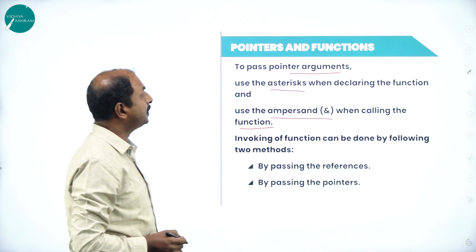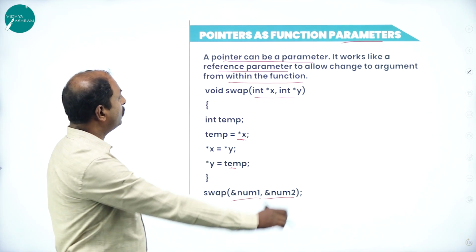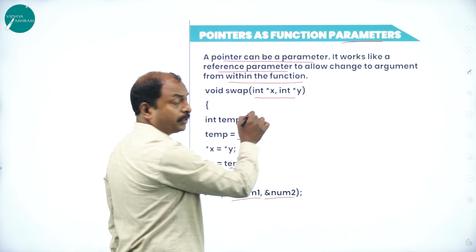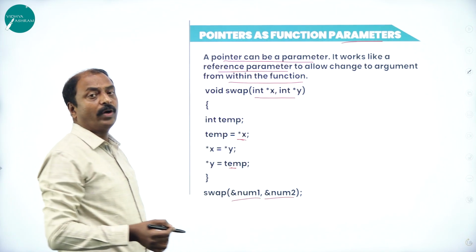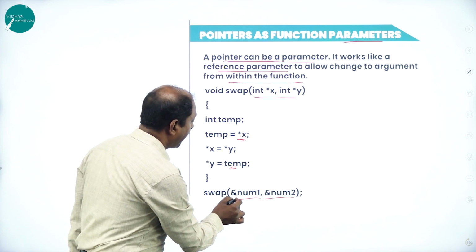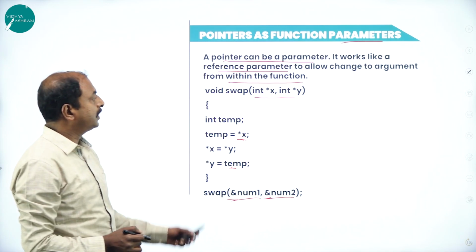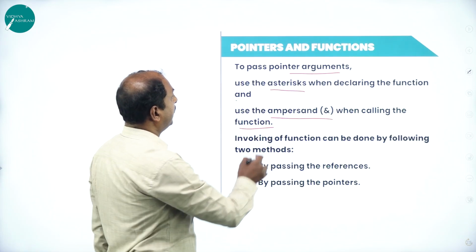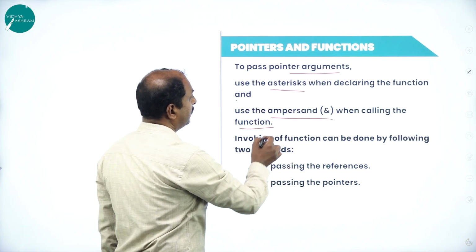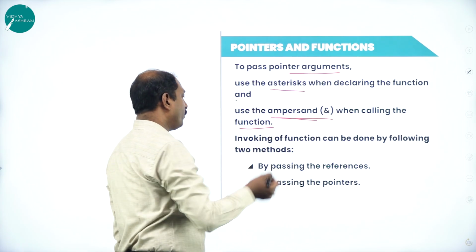These things we have to remember. Look at this example here. While declaring we use the star, the asterisk, and while calling a function we use the ampersand. This is the meaning of the sentence you have just seen: use the asterisk when declaring a function and the ampersand when calling a function.